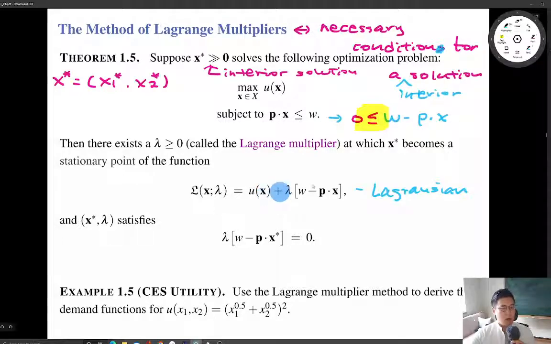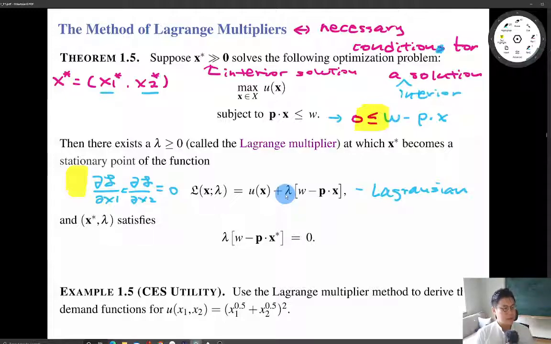So x star must be a stationary point of this. That means the partial derivatives, in case of two goods, of this Lagrangian with respect to x1 and with respect to x2 are equal to 0. That is a stationary point, where the function has a 0 derivative.